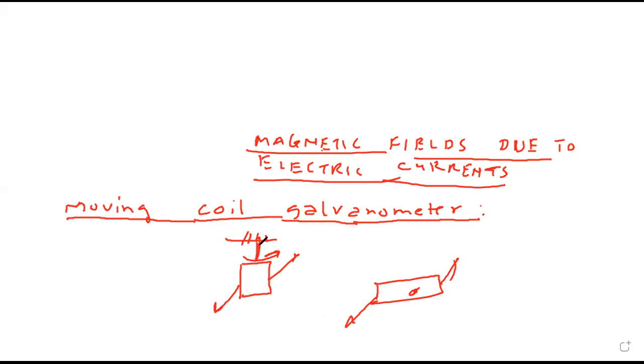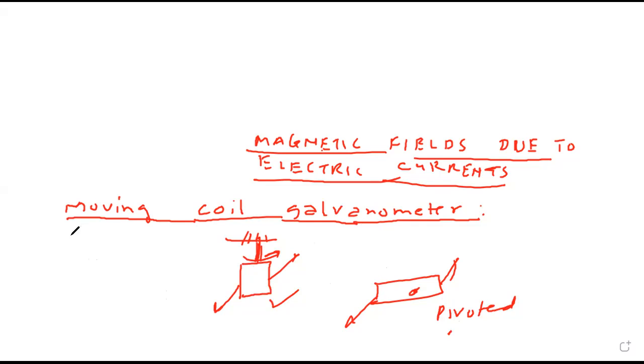One is called suspended type, the other is called pivoted type. In our syllabus, we have the suspended type moving coil galvanometer to be studied. Ammeter and voltmeter are pivoted type, but its working we don't have in the syllabus. We just have how we can convert a moving coil galvanometer into an ammeter or into a voltmeter.